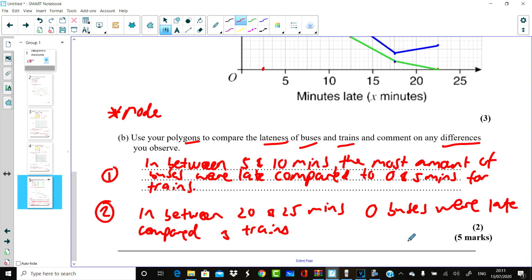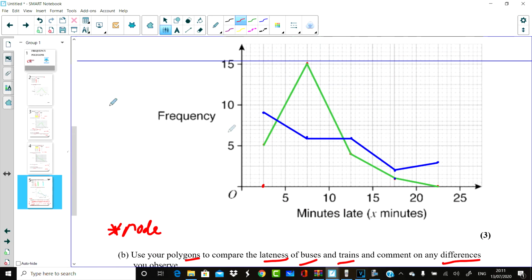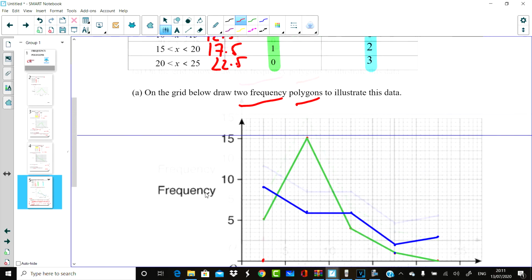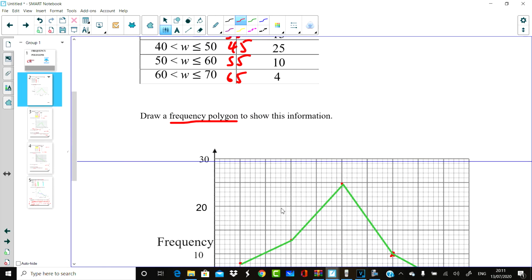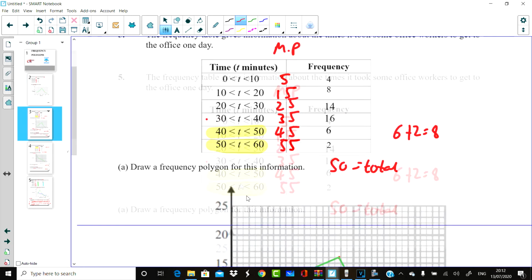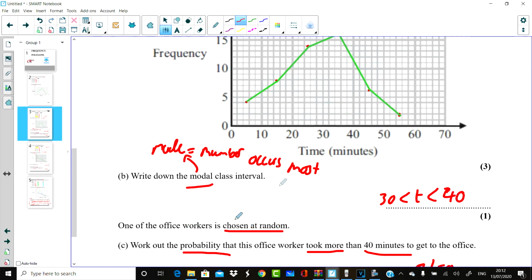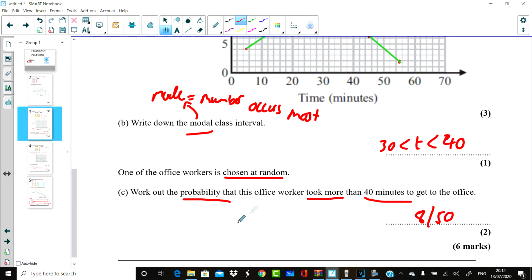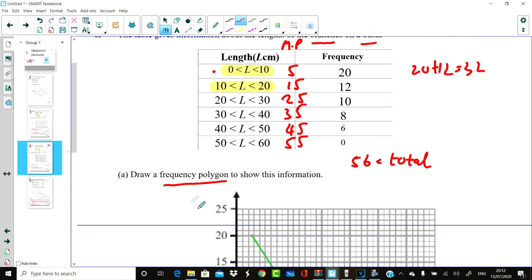So these are the many different types of questions you could be asked in frequency polygons. From the easiest, obviously drawing just a frequency polygon, then part B may ask about our modal, or it could ask about probability using a certain time limit, either more than a certain time or less than a certain time or length, depending on what the question asks.